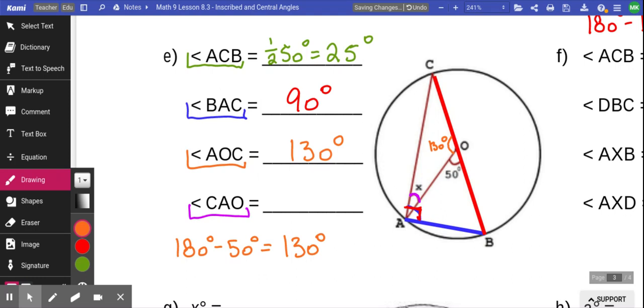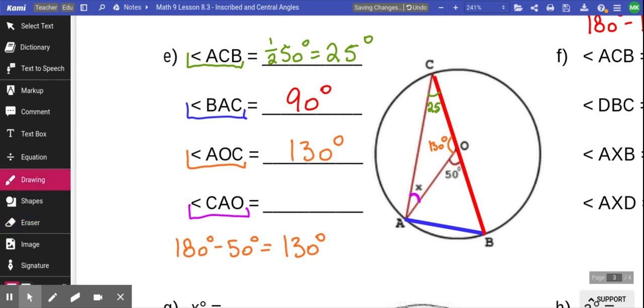My last one, I have from C to A to O. To do that one, I'm going to use my trick that the 3 angles in a triangle should always equal 180. If we look, we have 25 degrees, we have 130 degrees, and then we have the purple one that we don't know.